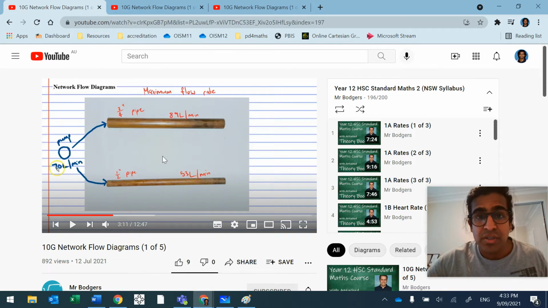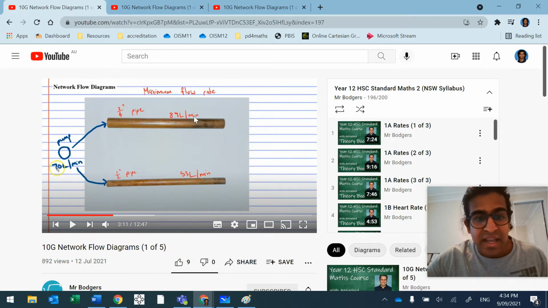The first question he asks is, what happens if you've got a pump that's pumping water at 70 litres per minute going through both of those pipes? Well, you can imagine that there's not going to be any issue with that speed of water flowing through this larger diameter pipe.